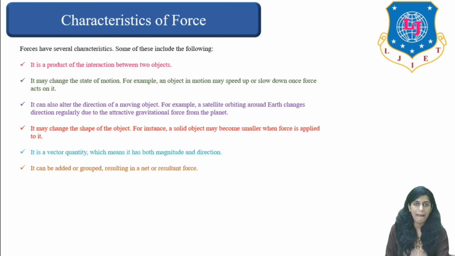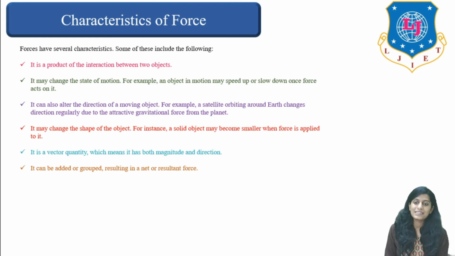Next one is force is a vector quantity. Please remember that force is a vector quantity. What do we mean by a vector quantity? Vector quantity means it has magnitude and it has direction, correct? So a force has both of them. Force has a magnitude, force has direction. That's why we call it a vector quantity.